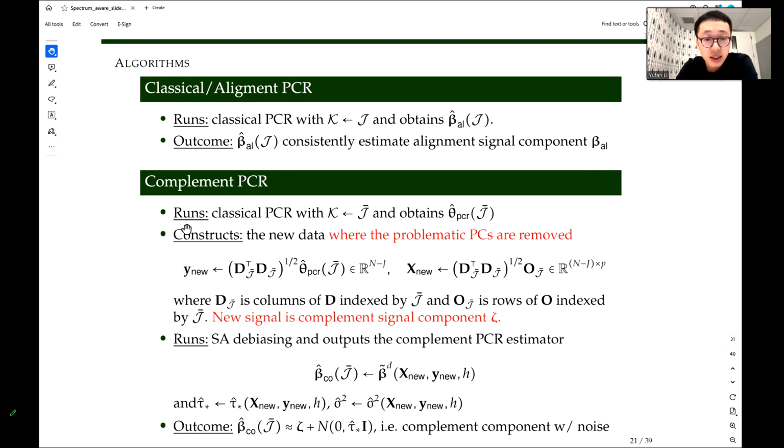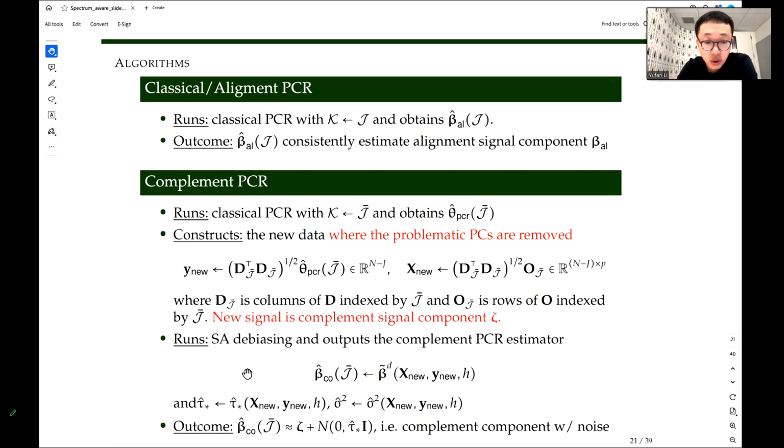And the second step is you form a new regression problem with the problematic PCs now removed. This new problem is like you respond your design, and you can check the signal is actually this zeta that we have lost in the first classical PCR procedure.